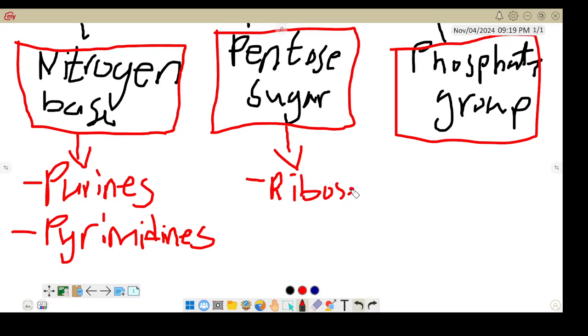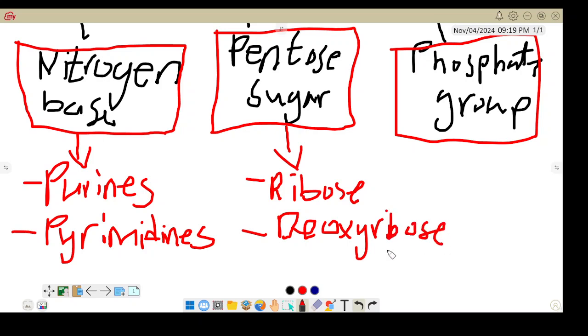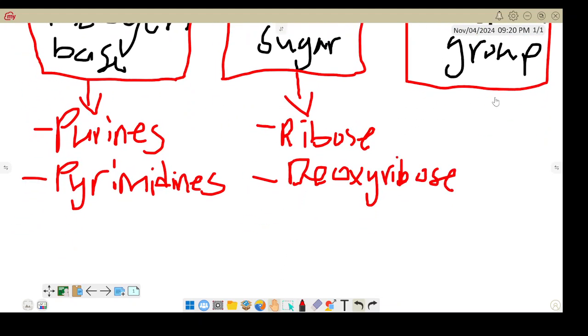I think I should at least write it better. Ribose. And then we also have the deoxyribose.